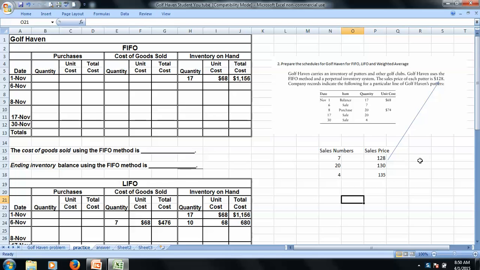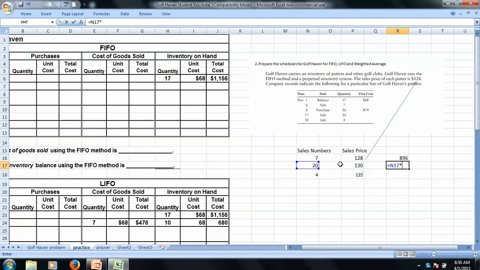We would have a total sales revenue: 7 times 128, plus 20 times 130, plus 4 times 135, adding them together, of $4,036.